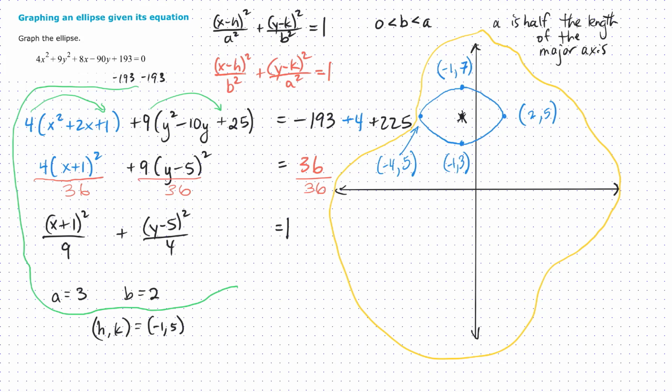Might as well circle the vertices as well. All this is important in understanding how to graph an ellipse. Erase this line. Ta-da!